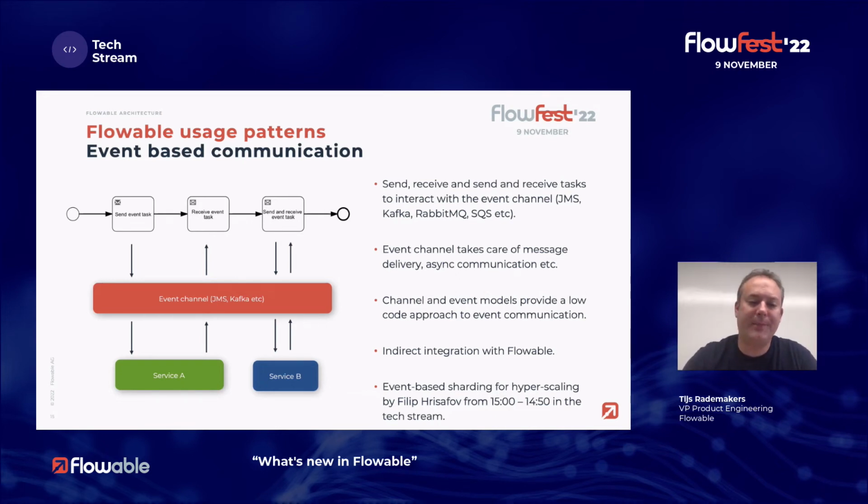You can interact with a JMS queue. It's really an abstraction level, and it allows you to integrate other services in an easy way. And those other services don't need to know about Flowable. They just send out a JMS message, they receive a JMS message, or listen to a Kafka topic and respond to that. So it's really a nice interaction that you can use as well.